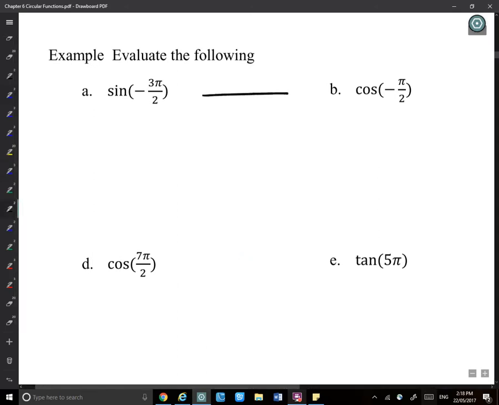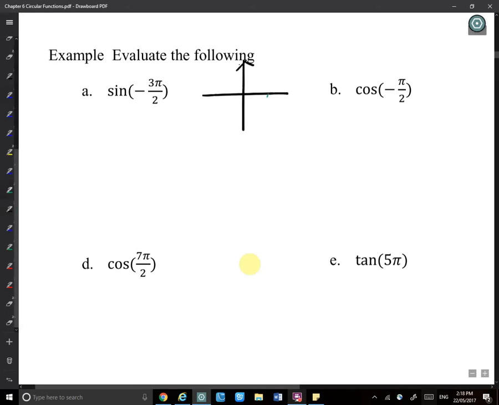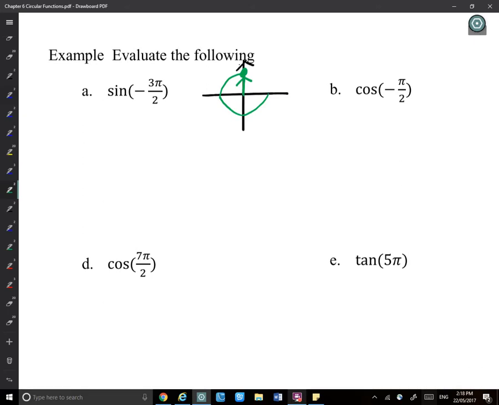Sine of negative 3 pi over 2. So it's 3 lots of pi over 2, in the negative direction. Going clockwise is negative, not anti-clockwise.